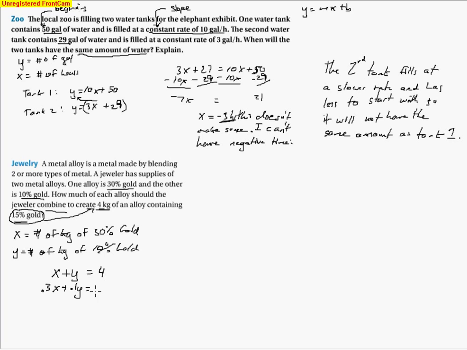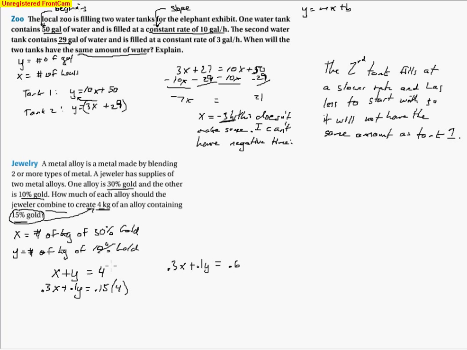So we need to do 0.15 times the 4 kilograms. So now we're ready to go. I'm going to rewrite this bottom equation as 0.3x plus 0.1y equals, and when I multiply 0.15 times 4, I end up getting 0.6, 6/10.